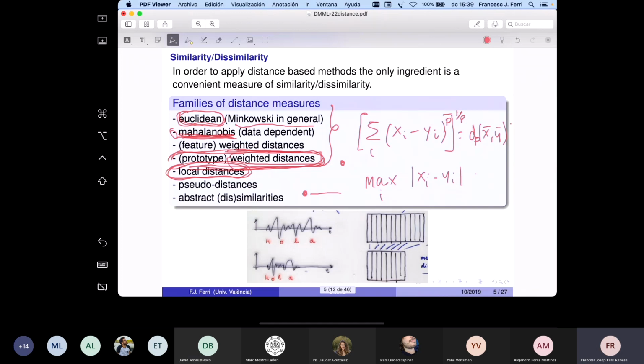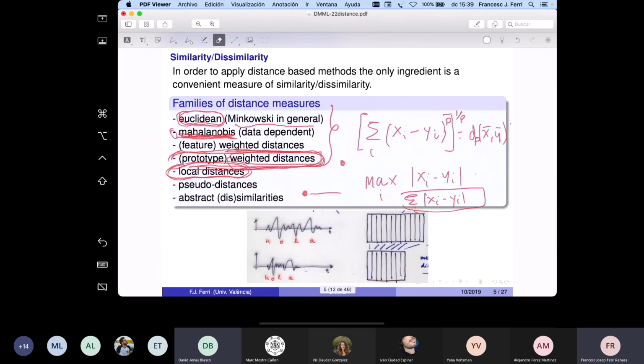This is not the Euclidean. The other option, the two limit cases are that one and also the other one, which is the sum of this.